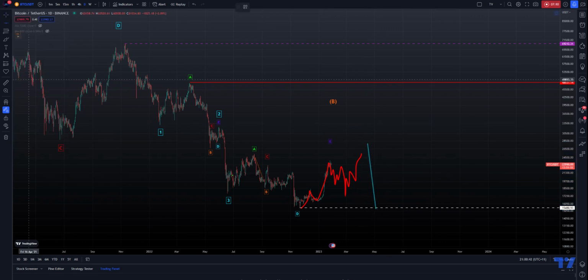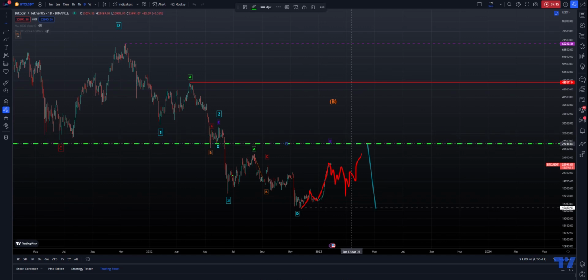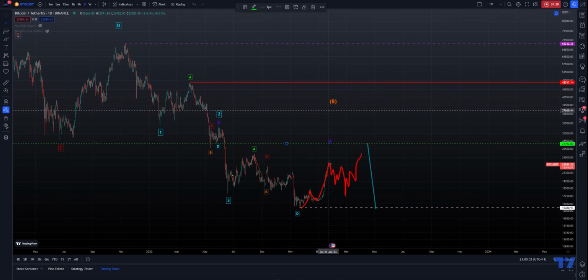So what I'm trying to say to you here in this case, that could be some kind of gauge, is that we can't see Bitcoin go above 27,792, or basically that level, right? Because it'd be too long, and then whatever has to go down to make a new low will be longer than wave three.